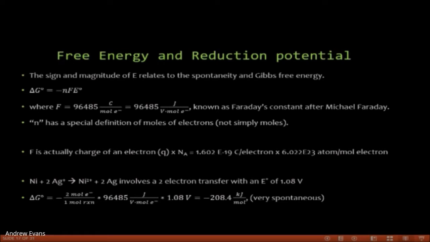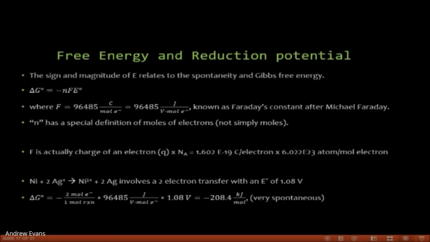Because we're not dealing with singular electrons, but moles of electrons, we have to turn singular electrons into moles by using Avogadro's number. So if you take the charge of an electron and multiply it by Avogadro's number, you get 96485 coulombs per mole of electron. But much like Boltzmann's constant, we don't necessarily need to know where it comes from. It's just a neat little fact.